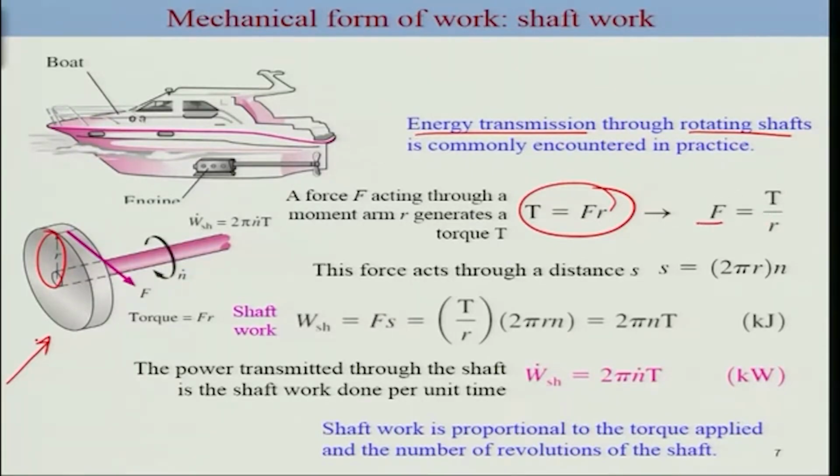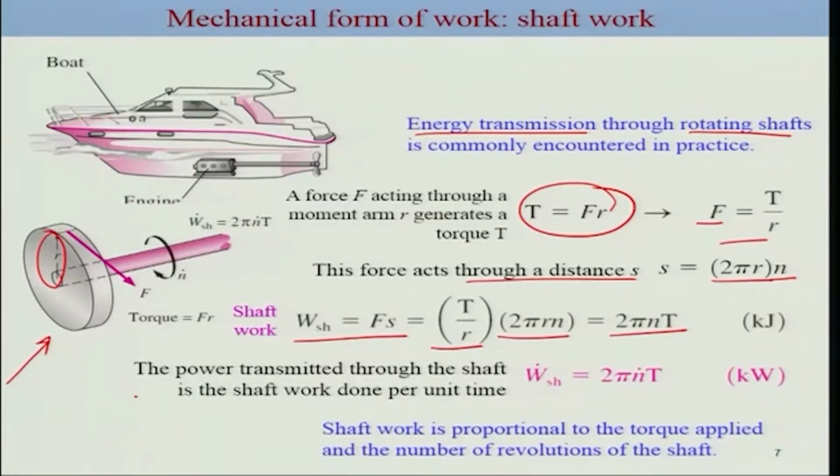And the distance you also can calculate by knowing the number of rotations done. So for example, for n number of rotations, the total distance over which the force has acted is the circumference multiplied by n. So the shaft work would be simply F multiplied by S. In that case you can replace this expression by these values, and you get this expression, which is 2 pi n multiplied by the torque.